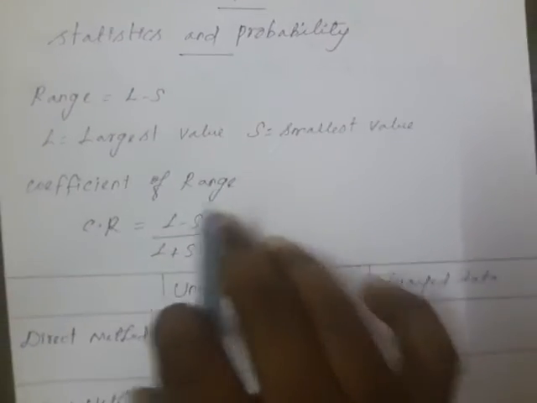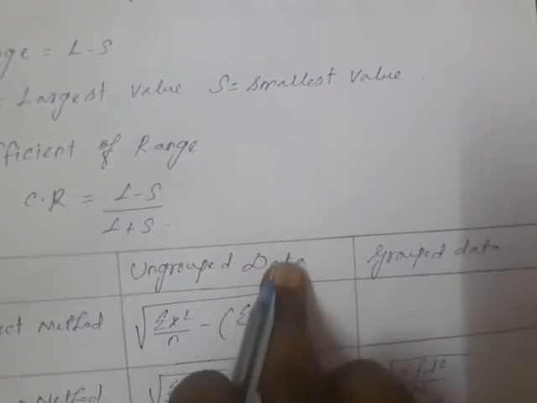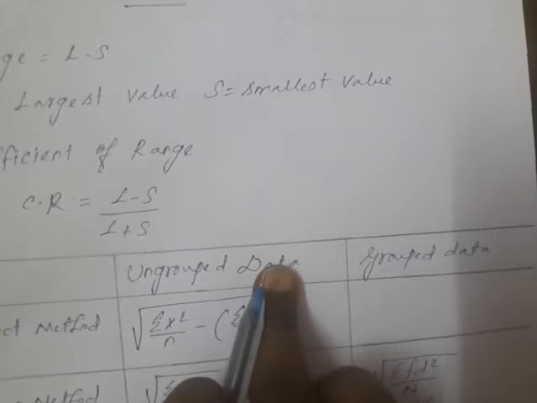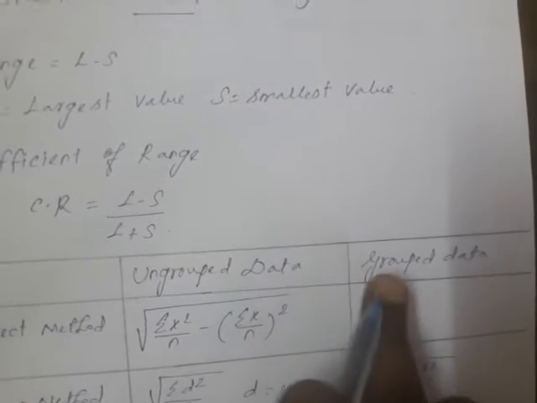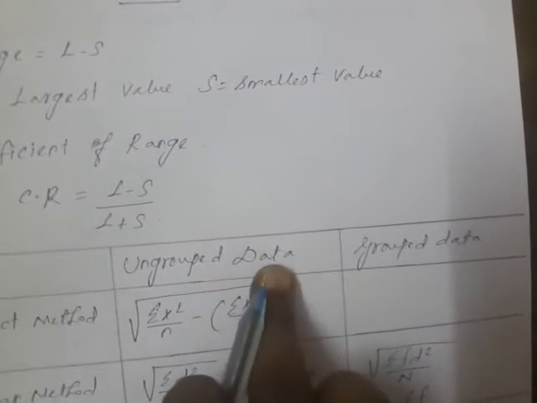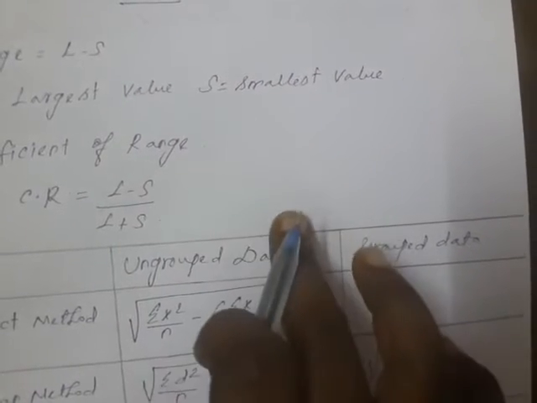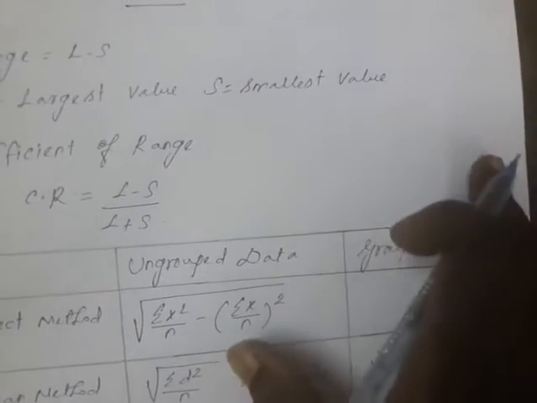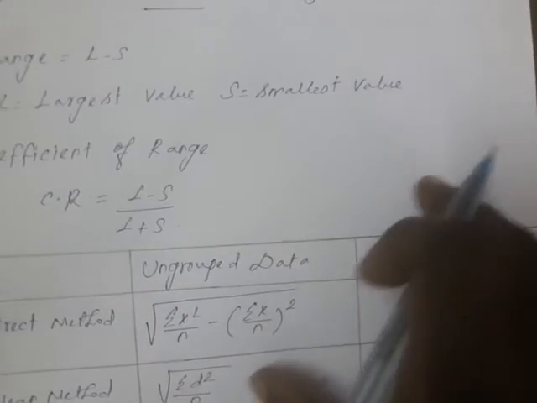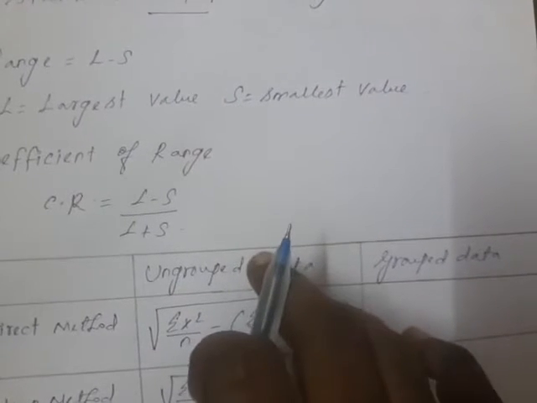So here we are going to study another one. Two types of data values are given. One is ungrouped data values, and another one is grouped data values. Ungrouped data values means we are just given 4, 5, 6, 7, 8, 10, like that. Using that we are going to find the standard deviation.